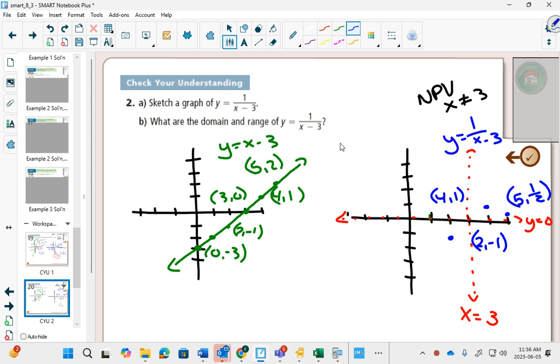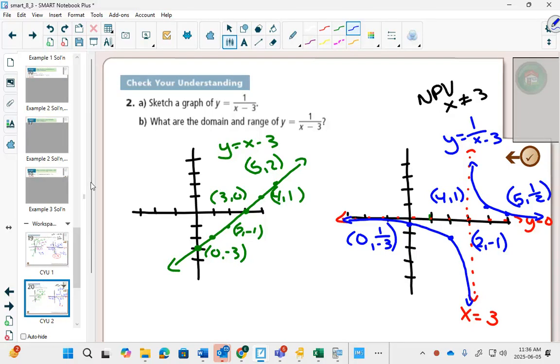What about 0, negative 3? 0, 1 over negative 3. Now, if we go towards our asymptotes carefully, not to go through them, not to get farther away, we're able to draw our final graph.